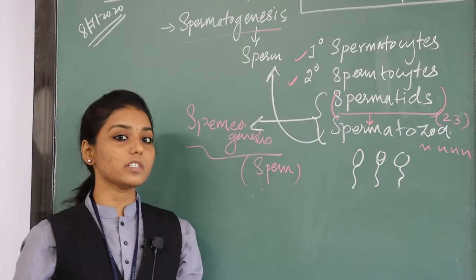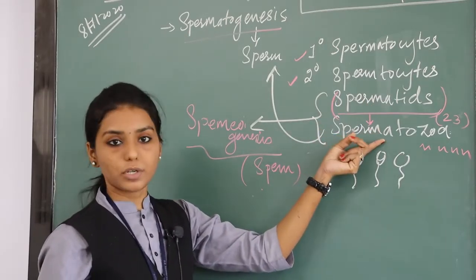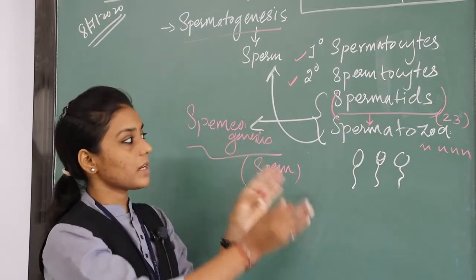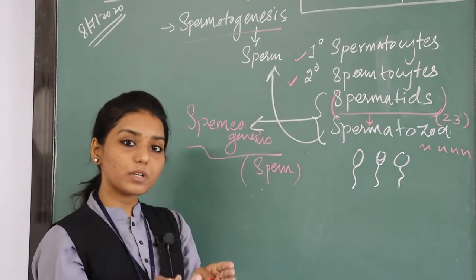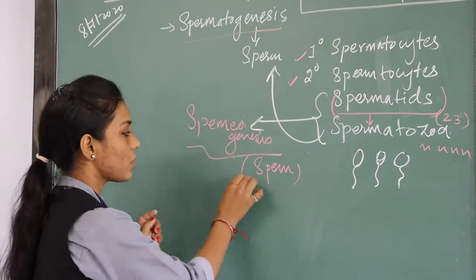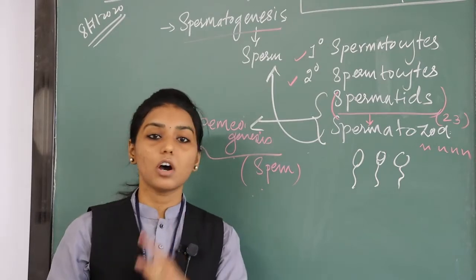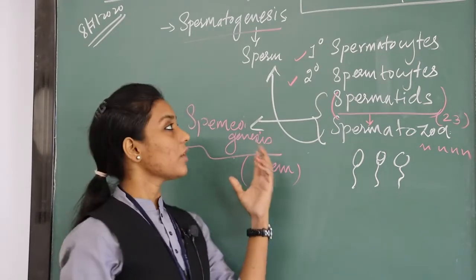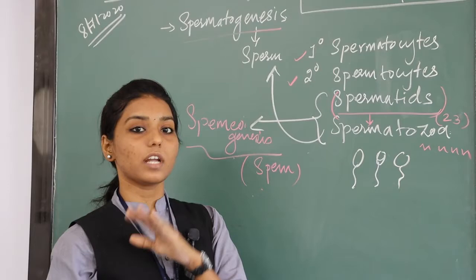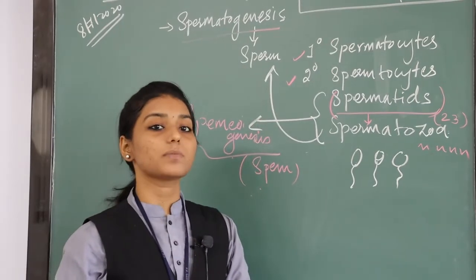Now spermiogenesis is the process of formation of spermatozoa, or sperm, from spermatids. This was all regarding sperm formation, and we have also seen the hormones involved, the hormones which affect the growth of gametogenesis as well as spermatogenesis.